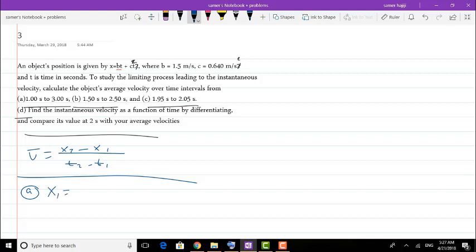x1 is, we substitute t equals 1 in this relation. x1 equals b, which is 1.5, times t, which is 1.00, plus c, which is 0.640, times t squared, which is 1.00 squared.